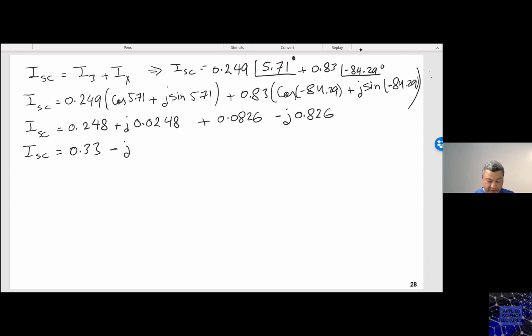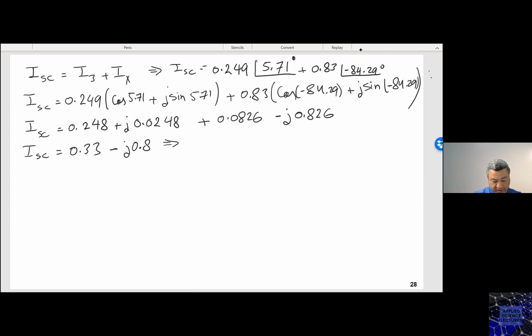So we have 0.0248 minus 0.826, so that's going to be minus 0.8.